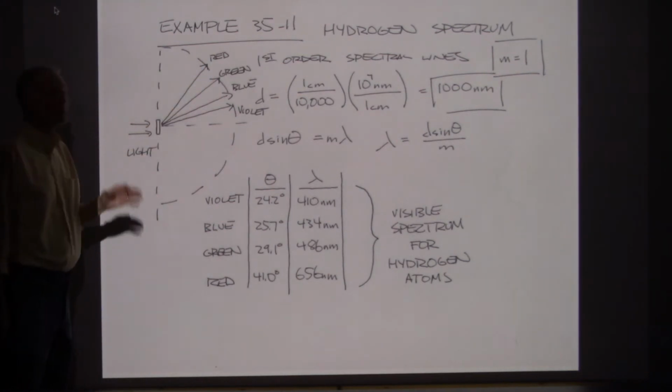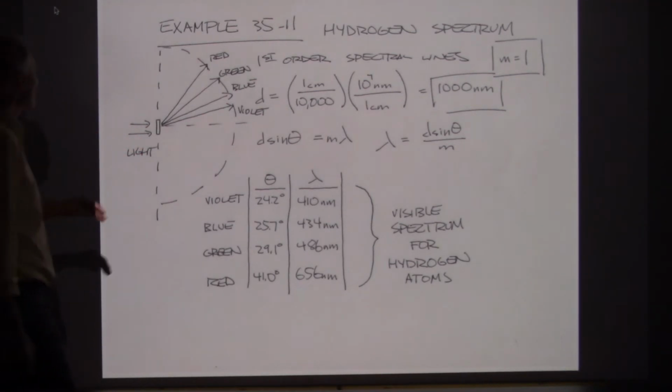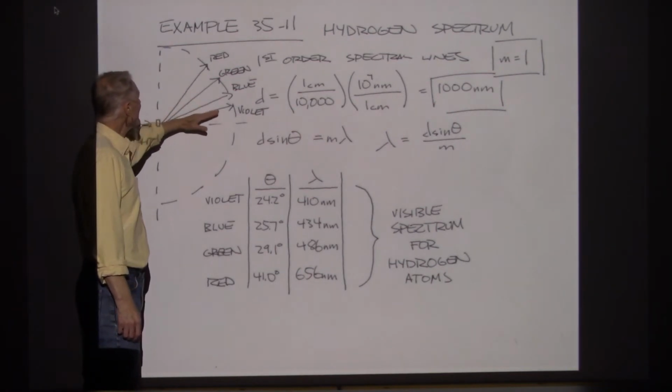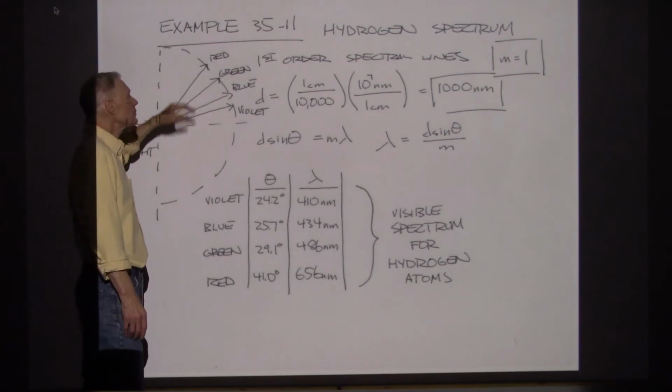And that turns out to be a very particular indicator of the presence of hydrogen, or that the light was generated from some glowing hydrogen. You'll see these pictures from space where you have regions of hydrogen gas near really high temperature stars, and the region of just hydrogen gas is glowing. If we take a look at the light coming from those clouds of hydrogen gas, we'll see these 4 lines.